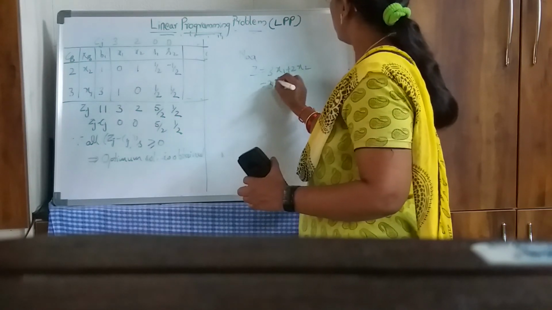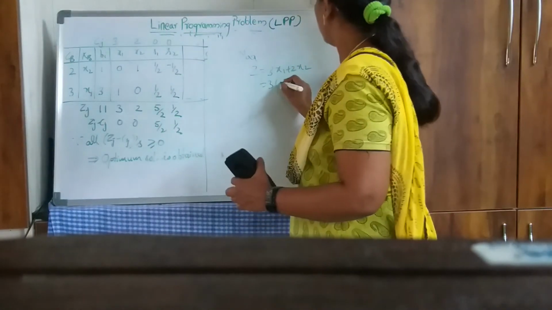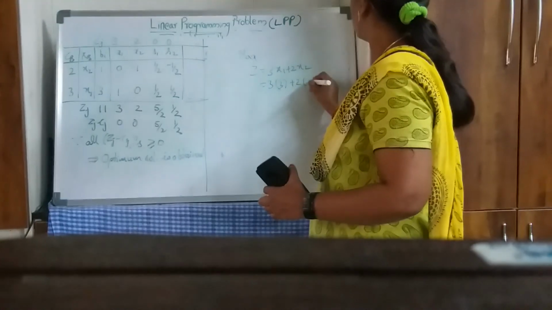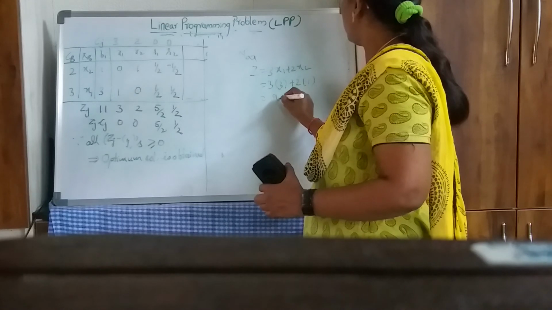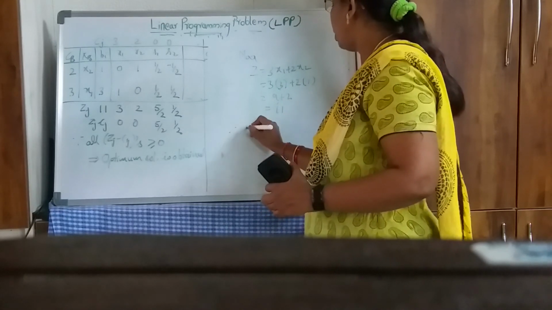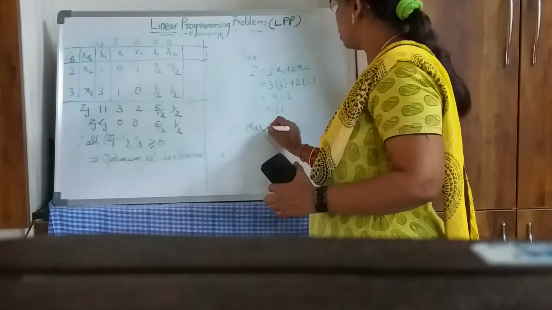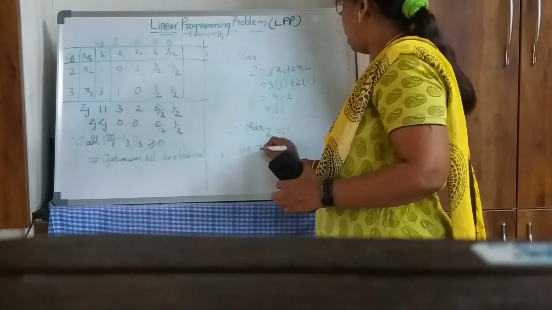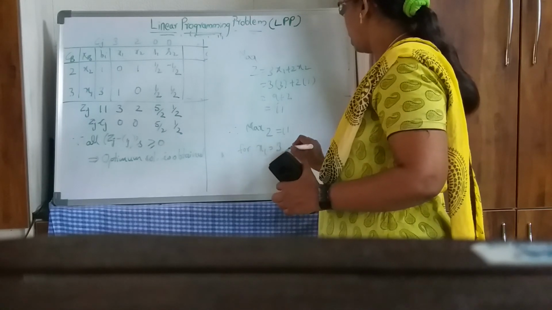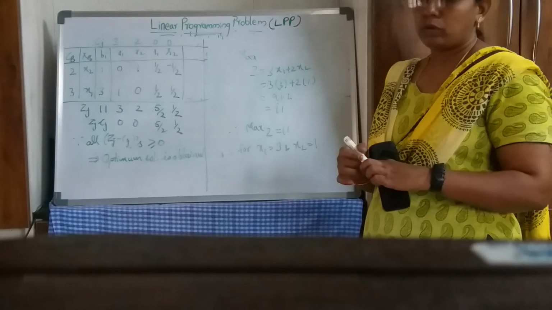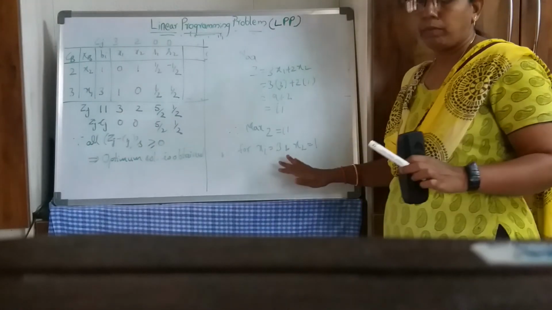That means 3 into x1, which we got as 3, plus 2 into x2, which you got as 1. So this is 9 plus 2, which is equal to 11. So therefore maximize z equals 11 for x1 equals 3 and x2 equals 1. This is the solution for the given problem.